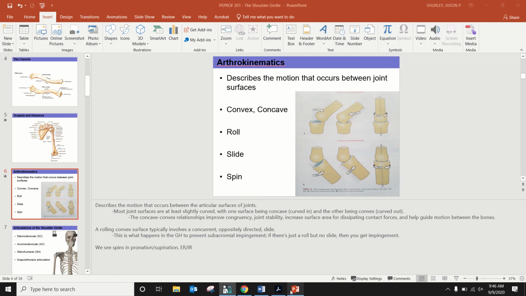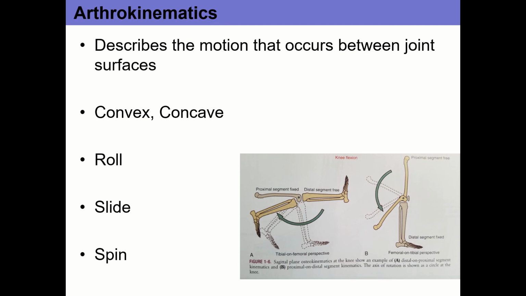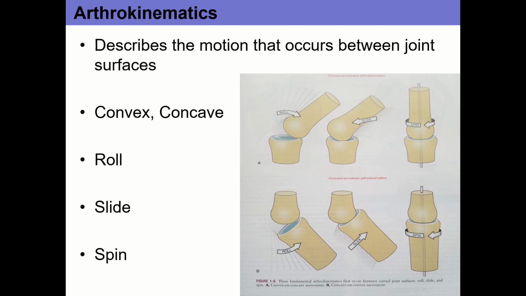And so what ends up happening is that you get rolls, slides, or spins of one surface on another. For example, if I'm going to abduct my arm, bring my arm straight out to the side, in order for that to happen I need a combination of rolling, sliding, and spinning, actually all three, in the glenohumeral joint.